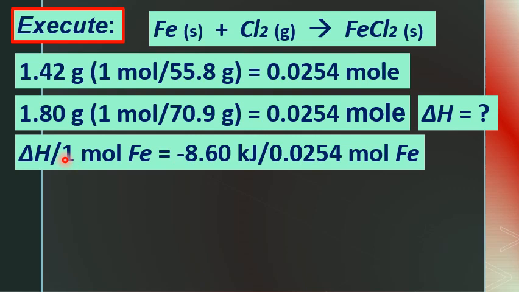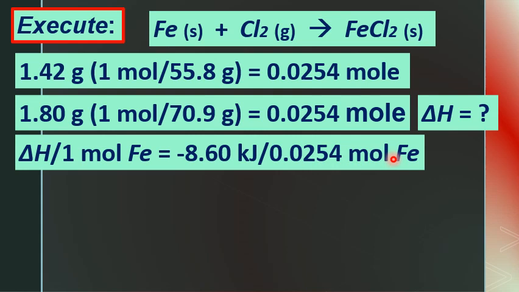That is the unknown delta H over 1 mole of iron is equal to negative 8.60 kilojoules divided by 0.0254 mole of iron.